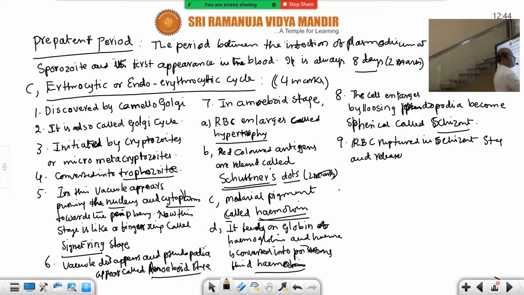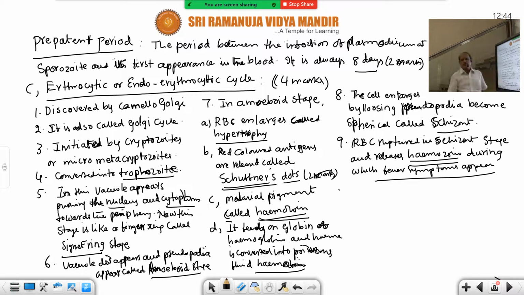At the time of liberation of hemozoin, the malarial fever symptoms appear. Details we can give later on; just add one phrase here: during the release of hemozoin, the fever symptoms appear. So at what time do the fever symptoms appear? At the time of liberation of hemozoin by the rupturing of RBC during the schizont stage.